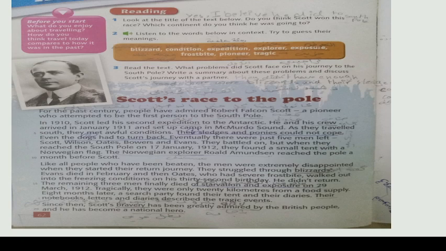The assignment says, write a summary about these problems and discuss Scott's journey with a partner. What did he do? What were the problems that faced him while traveling to the South Pole?